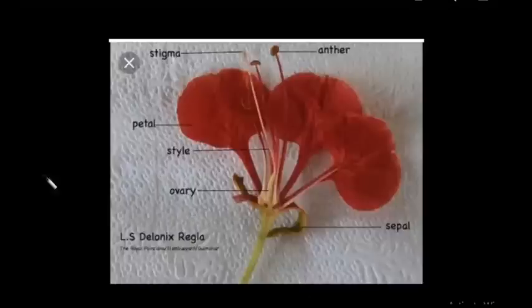The title is longitudinal section of Delonix regia, the scientific name of the plant we're talking about. We have the petals arranged in a monodelphous arrangement, with the stigma and the stamen forming the 10th. So that is basically what we are talking about for this specimen.